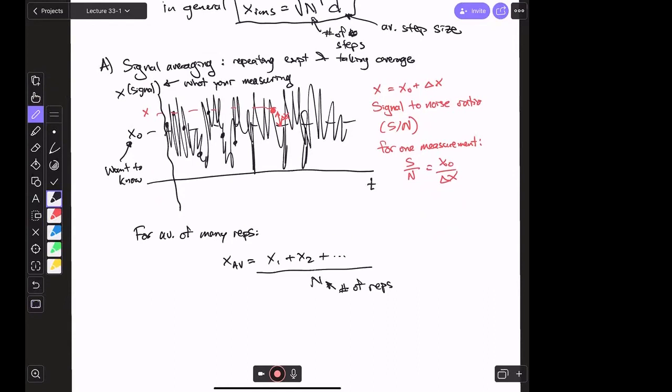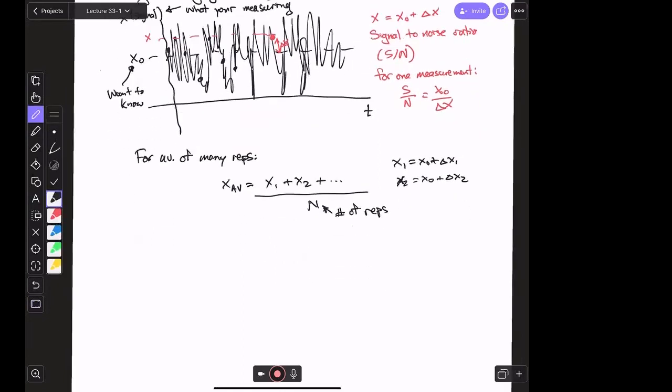And so each one of these, X1 is X naught plus delta X1, X2 is X naught plus delta X2. So each one of them we can think of as the desired actual value X naught plus some fluctuation away from that, which could be a positive or a negative fluctuation.